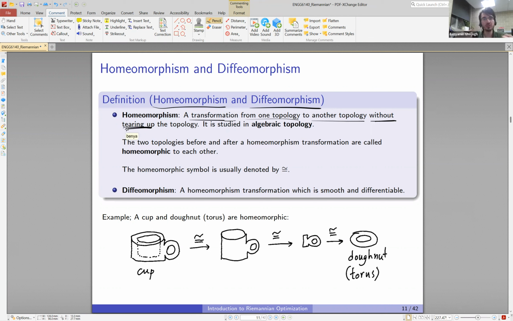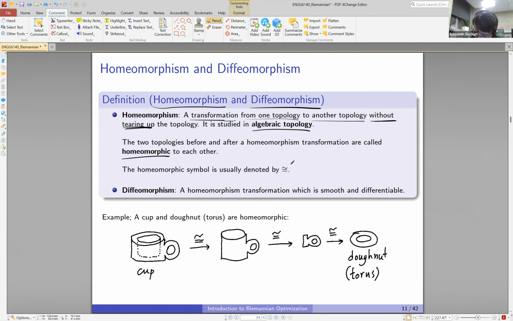You can deform the topology, but you don't tear it up. It is studied in algebraic topology. So the two topologies before and after the homeomorphism transformation are called homeomorphic to each other.